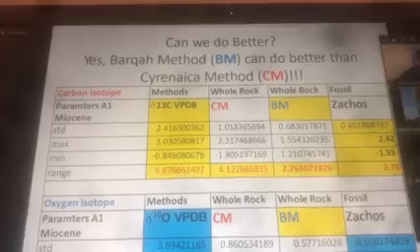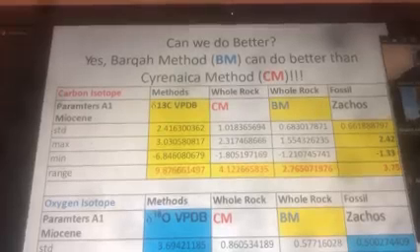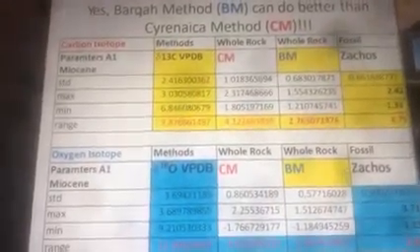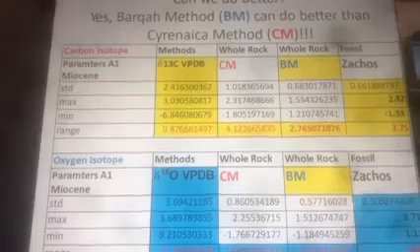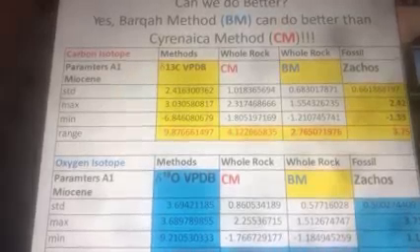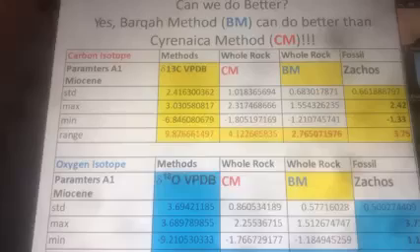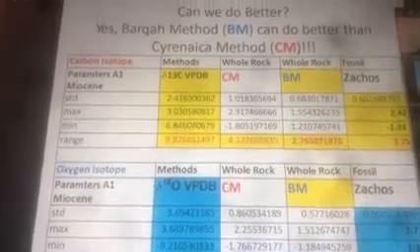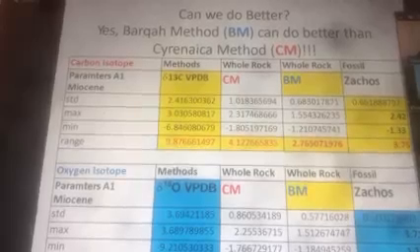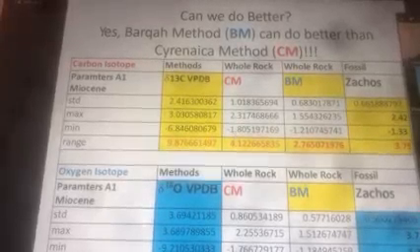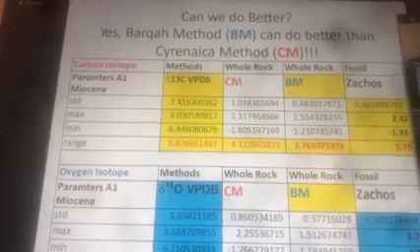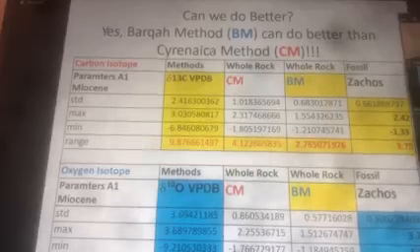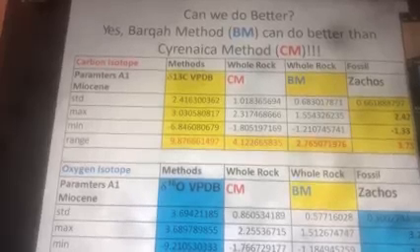So here, the upper table is carbon isotope, and the lower table is oxygen isotope. If we look at the carbon isotope, these are my original values from whole rock that has diagenesis. When we use the Cyrenaica method, we got a standard deviation of 1, maximum value 2, minimum value -1. But when we do the Barga method, look at the standard deviation, 0.6, equal to Zakos.